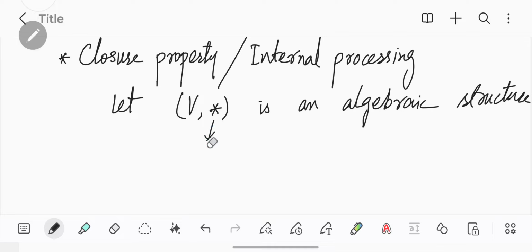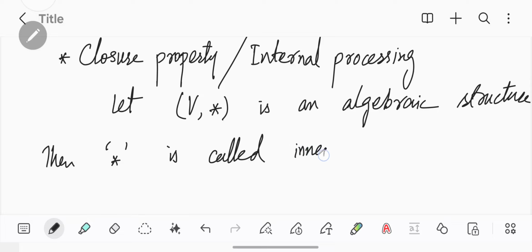Then this operation star is called an inner operation, or the same thing, we say that this set V is closed under star.